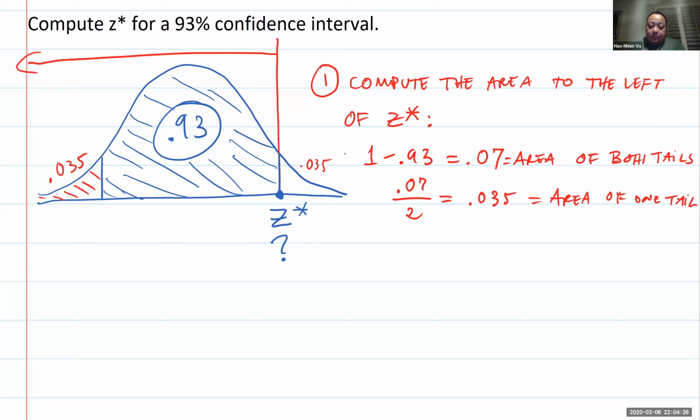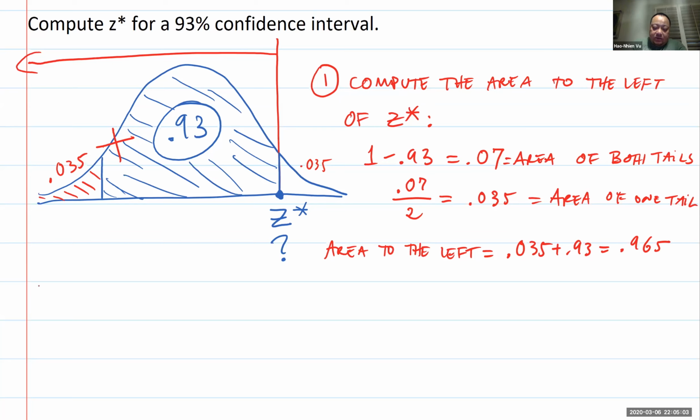All right. So I need the area to the left of z, which is equal to the 0.035 plus the 0.93. 0.035 plus 0.93, and that makes it 0.965. So I have the area to the left of z. Now my normal diagram and the normal diagram in the normal table are equivalent.